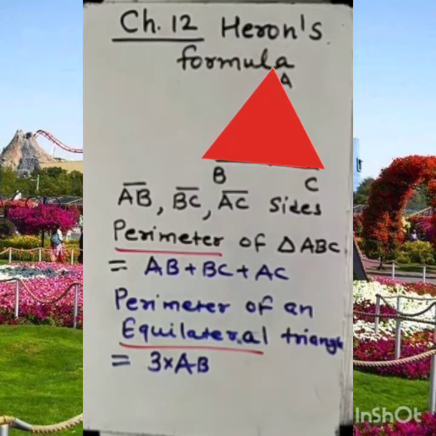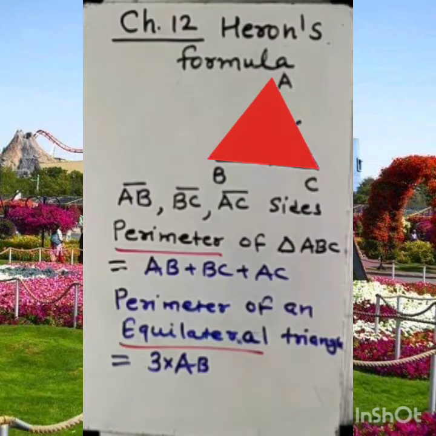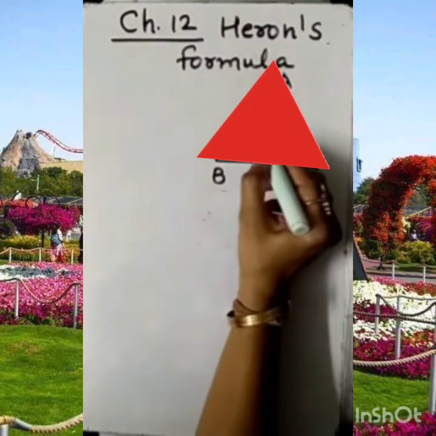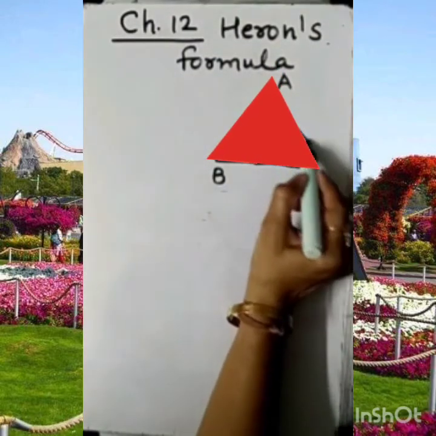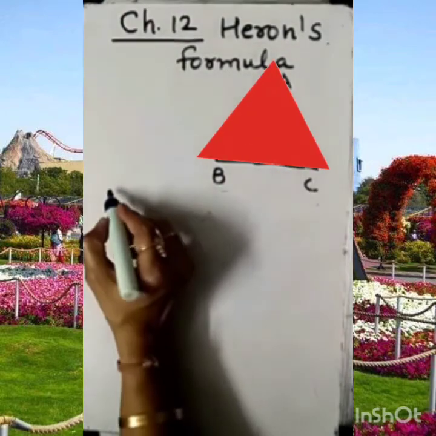Now let's work out the area of a triangle. What is area? Here it is not an equilateral triangle, just a simple triangle ABC. How can we find its area?